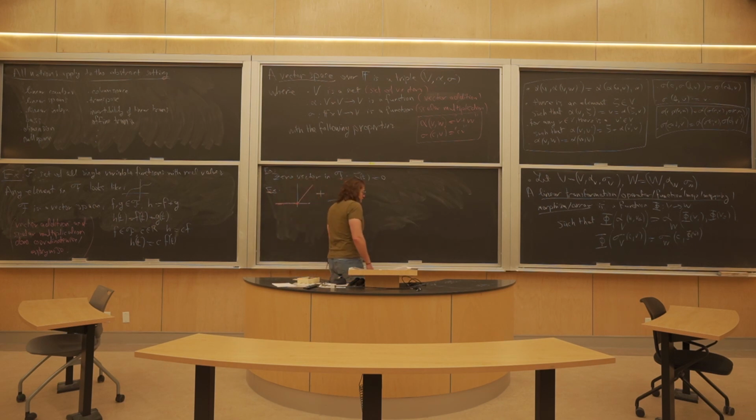This is F. This is G. So this is the function G, and this is the function F. If I wanted to write these explicitly, I would write it like so.